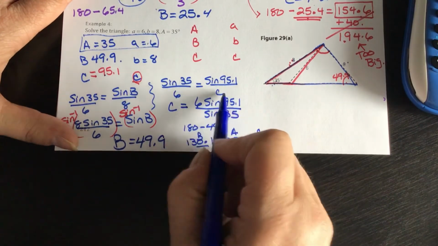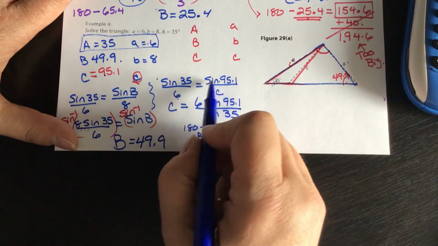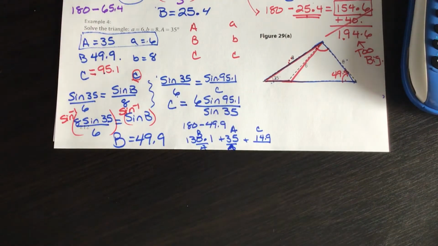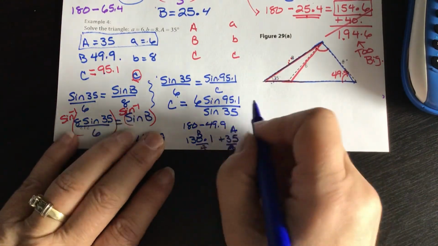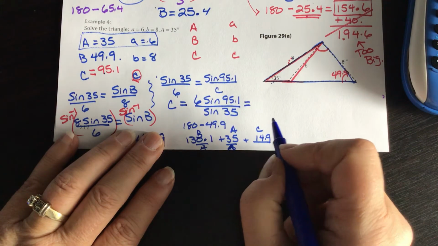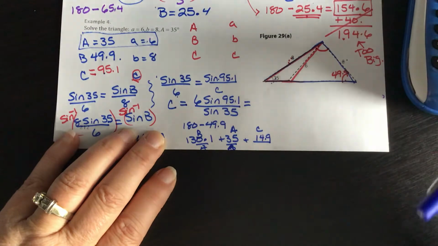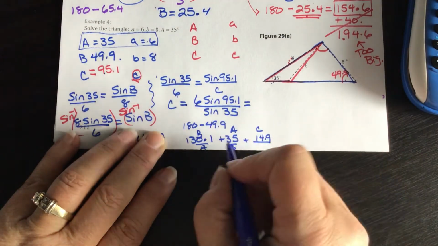Okay, so I did my cross products. I have C times sine 35, 6 times this. Then I have to divide by sine 35. And when I calculate that, C is going to equal 10.4.